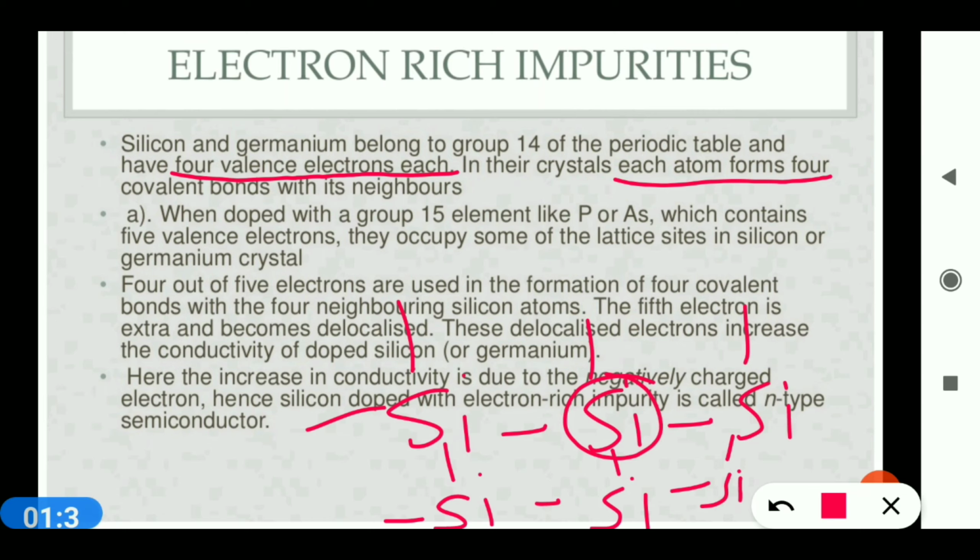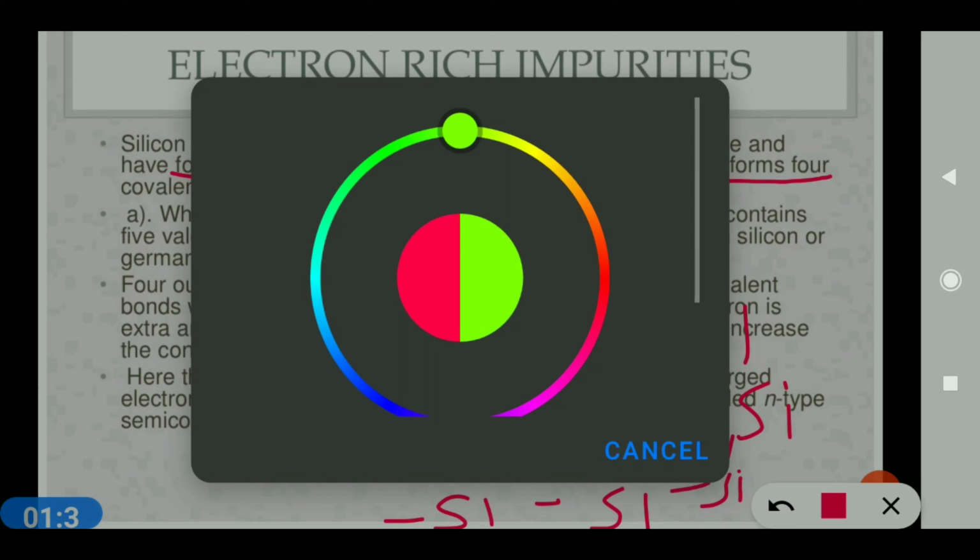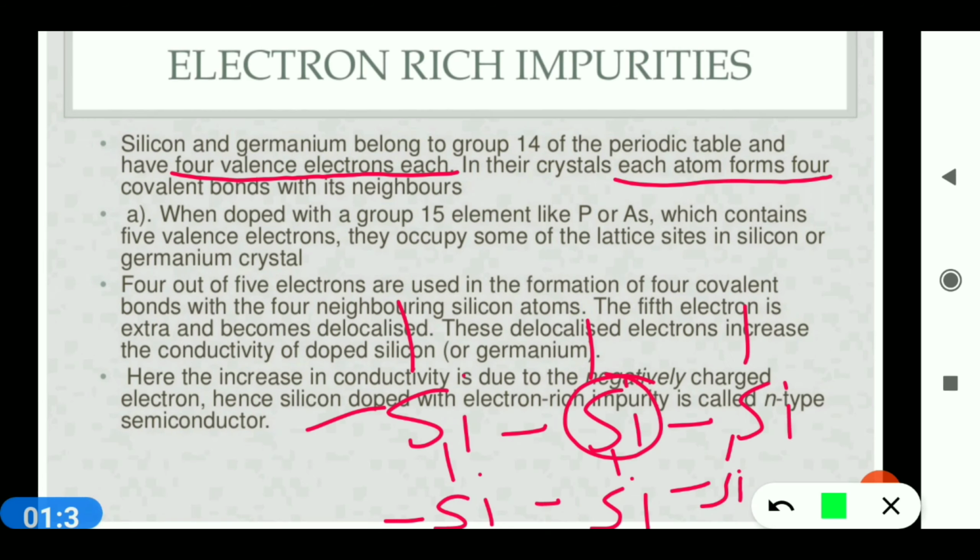So instead of this group 14 element, if a group 15 element like phosphorus or arsenic, which contains 5 electrons, occupies the lattice site, then what will happen? This phosphorus will form 4 bonds with the silicon, but 1 electron will be extra. So wherever silicon gets replaced by phosphorus, 1 extra electron will be there.